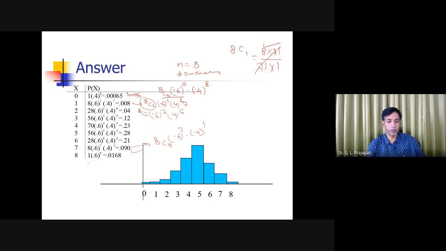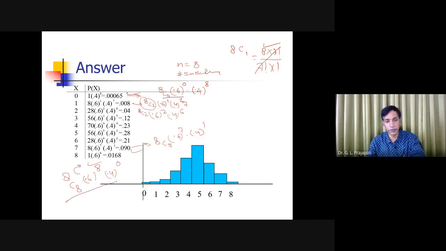And similarly, for 8 smokers, success comes 8 times, meaning among 8 people, success comes 8 times with probability 0.6, and failure comes 0 times with probability 0.4. And this is the answer.